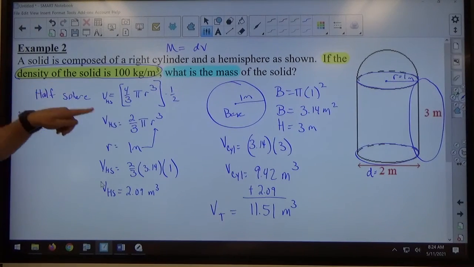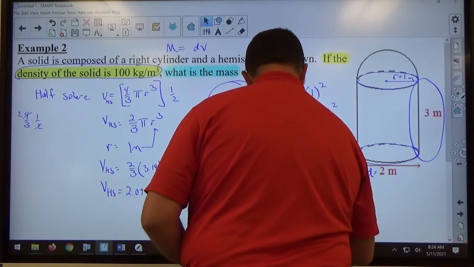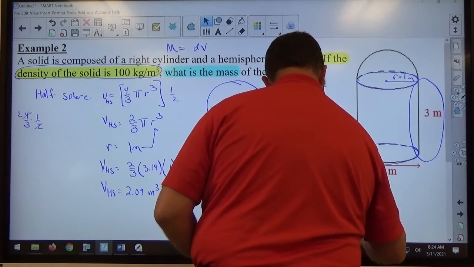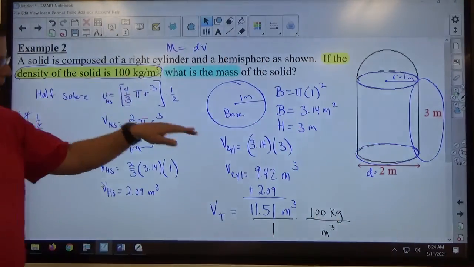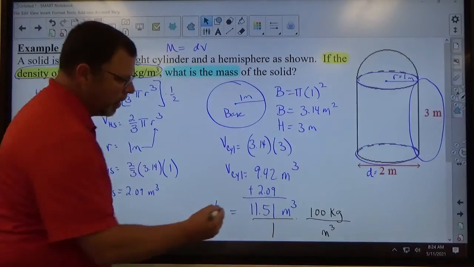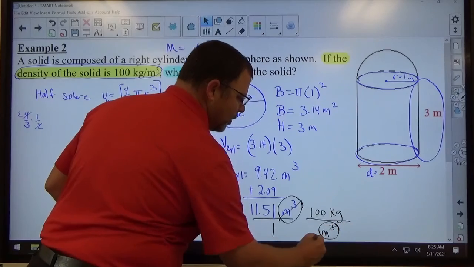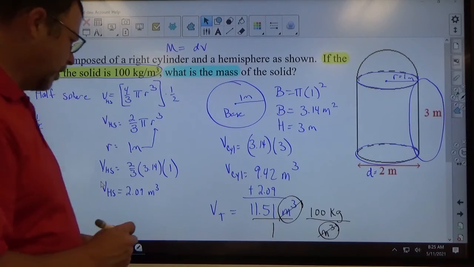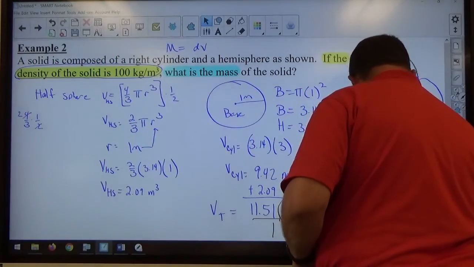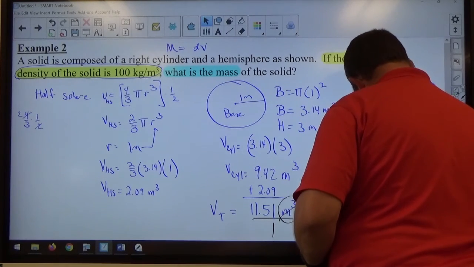So I multiply that number, put it over 1, times 100 kilograms per cubic meter. Notice the way this fraction is written: that puts a cubic meter in the numerator and a cubic meter in the denominator for cancellation purposes. The unit left over, of course, is our mass unit of kilograms. So multiplication will get us the answer we're looking for: 1,151 kilograms would be the mass of this particular solid figure.